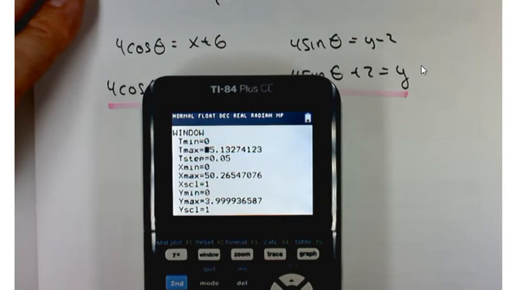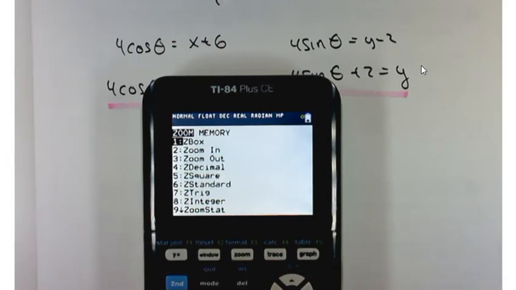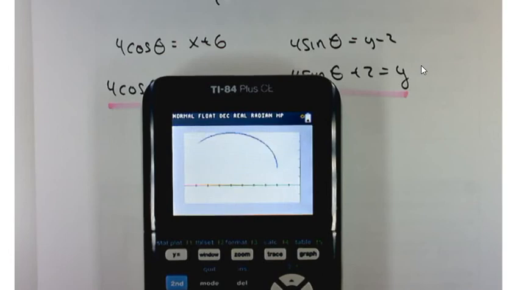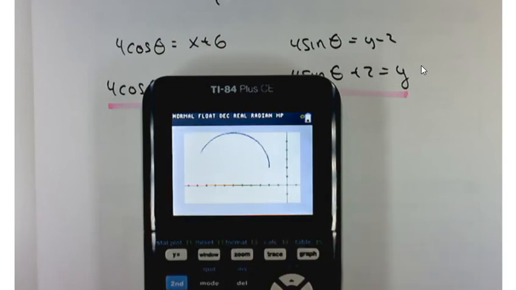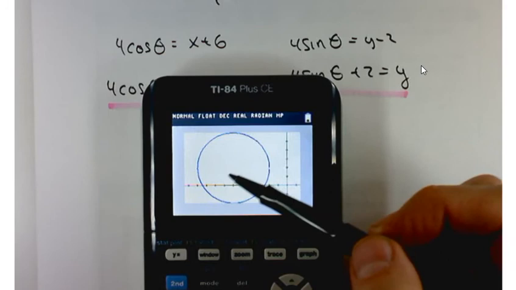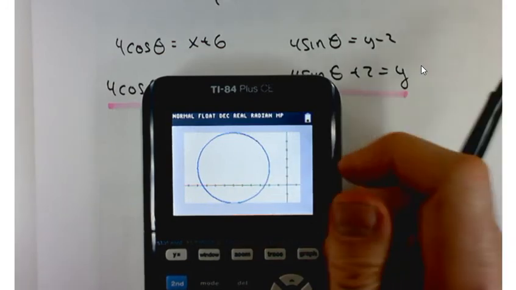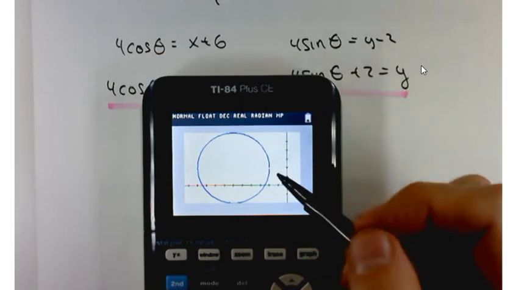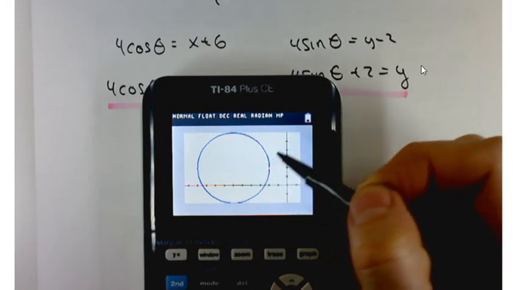Let's just do 2 pi, zoom 0, followed by zoom fit. No, zoom square, sorry. Zoom 0 is zoom fit. So followed by zoom 5. Perfect. Circle centered at -6 and 2 with a radius of 4.